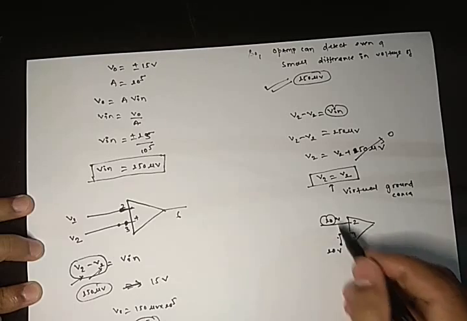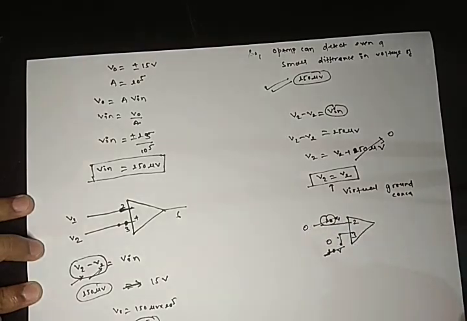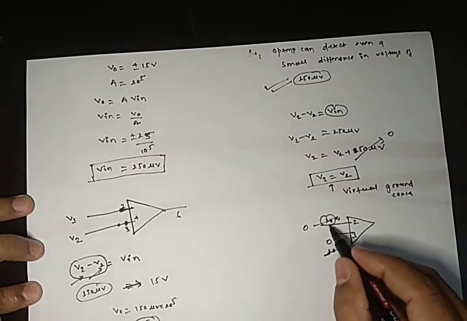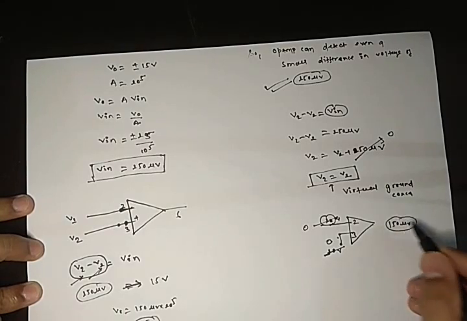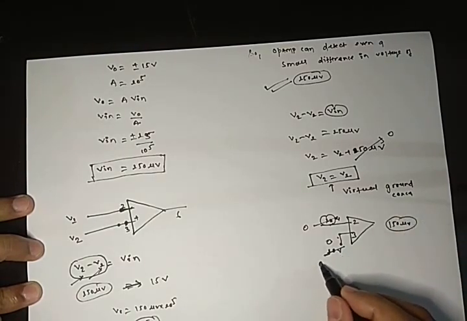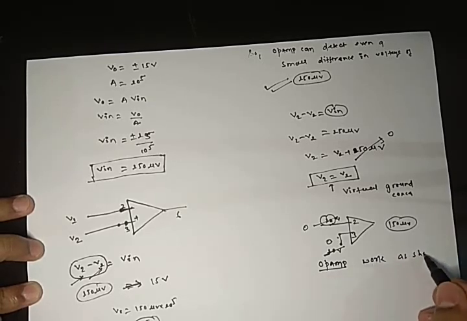Suppose this terminal is having 0 volt, terminal 2 will also have 0 volt, because there is only a difference of 150 microvolt. So we can say the Opamp works as a short circuit.